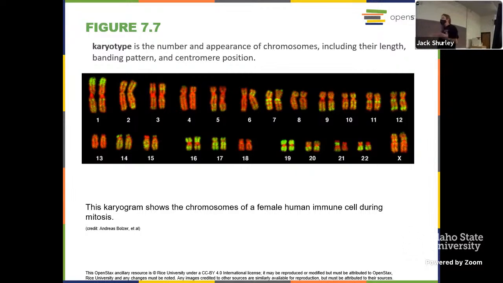So males get an X and they get a Y, and things seem all fine and good. Females get 2 X's. Things seem all fine and good, right? Females don't technically express both of those X's in every single cell. That's an overexpression, right? You technically only need 1, all right?